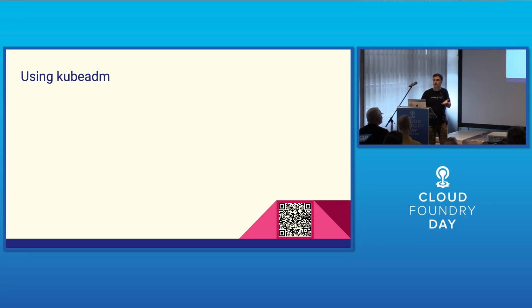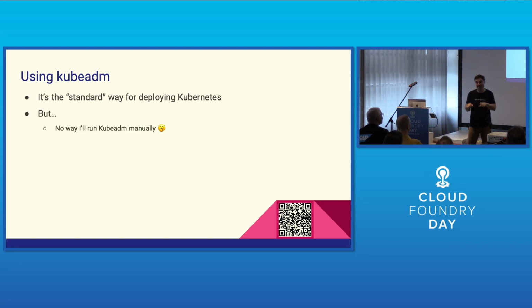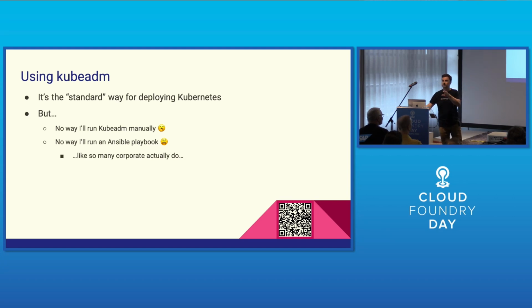The answer is using kubeadm, of course, because it's a kind of standard way of deploying Kubernetes. But do you see me running it manually? No way. Do you see me running an Ansible playbook for doing that? No way. So many corporates are doing that. I do respect that, but it's such a pain.